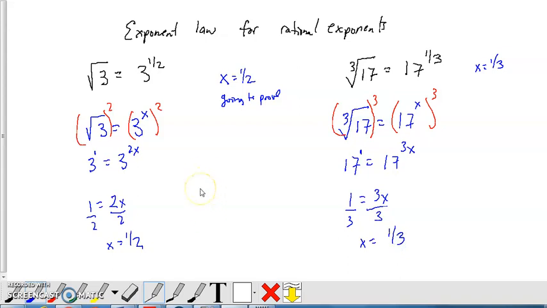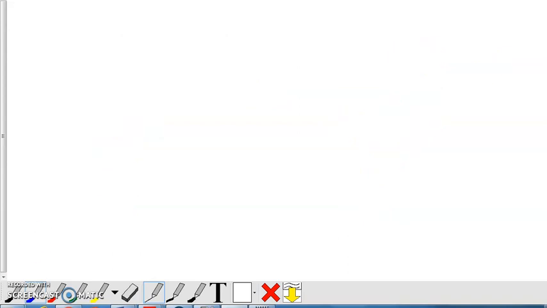So essentially what's happening is that the number in our denominator becomes the index number of our radical, and then the numerator is really the exponent. So we can think of it this way. Let's just say we have x, and we're going to have some number right here that has to be larger than 2. And then we're being raised.